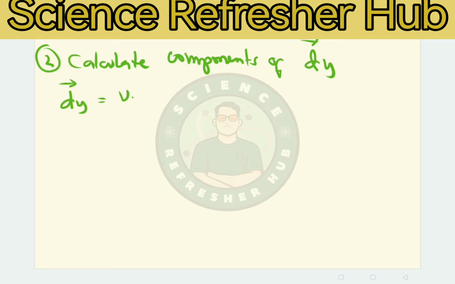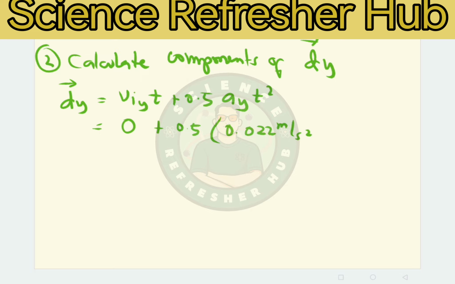Displacement in the y is vi in the y times the time plus 0.5 acceleration in the y t squared. As we all know, we do not have velocity in the y, so we will make it 0 here. And then plus 0.5 acceleration in the y, it's 0.022 meter per second squared times the time 120 squared.